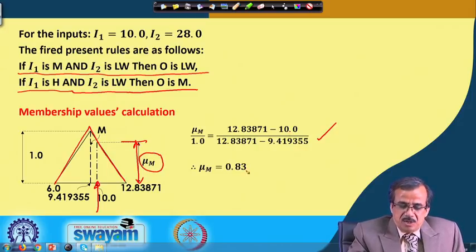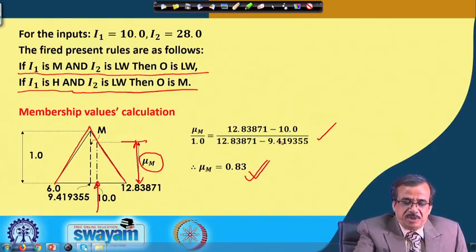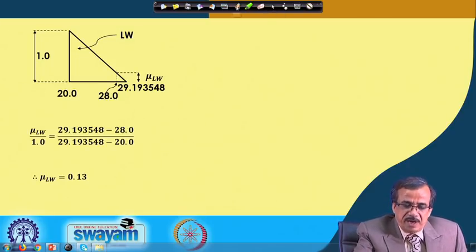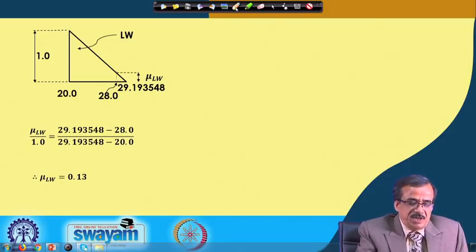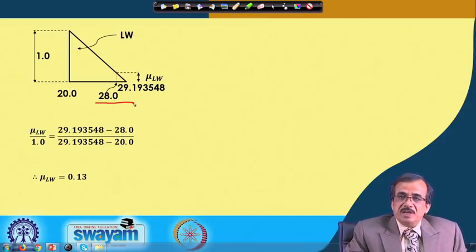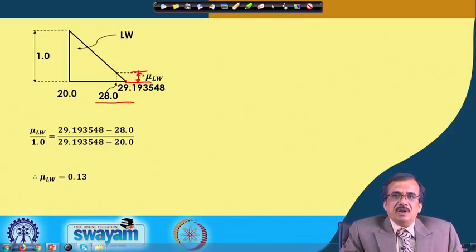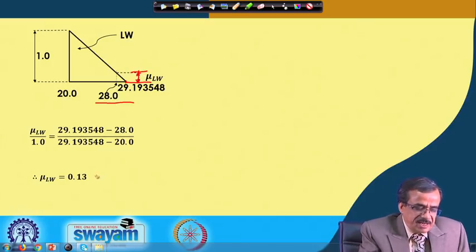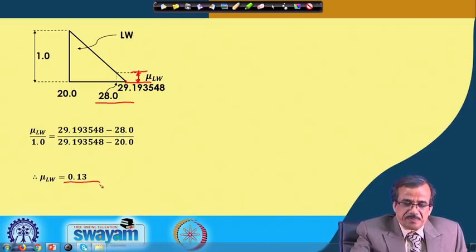If you calculate, you will get mu m equals 0.83. Following the same principle for I 2 equals 28, I can find mu low using similar triangles, and I calculate mu low as 0.13.